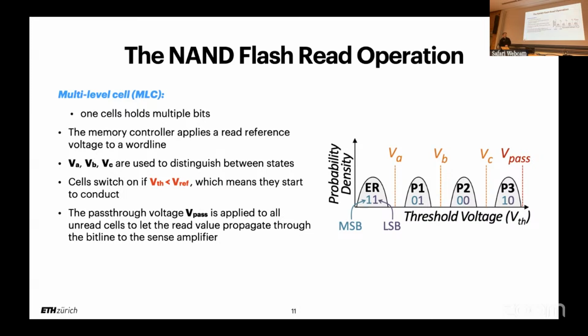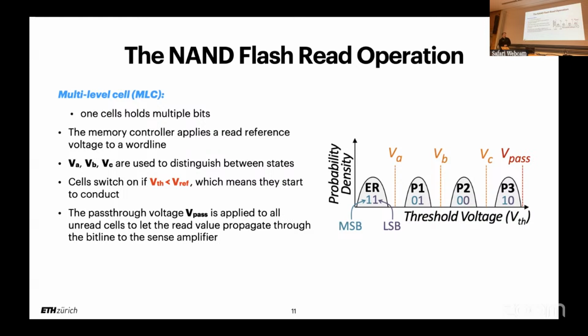And the way we read those is that we place electrons that we've written into the cell, and this changes the threshold voltage distribution. Because of inaccuracies when writing, it will have a probability density function that it can be described by. It's basically the probability of having this exact threshold voltage. You can kind of think of it like that.